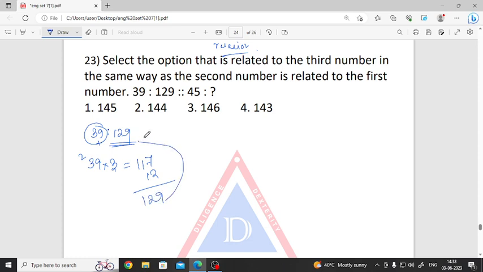Okay, we got it. So what is the question here? 45 times 3 gives us 5 is a 15, carry 1, 12, 13, gives us 135, and adding these two digits gives us 9. Add it, we get 144. So answer is 144. Option number 2.